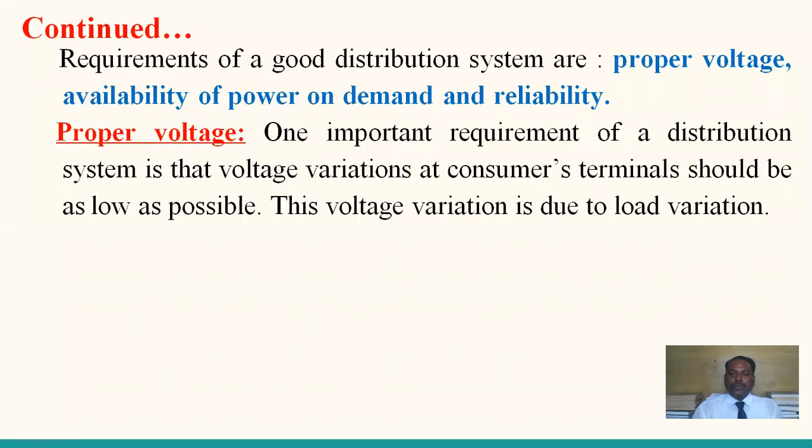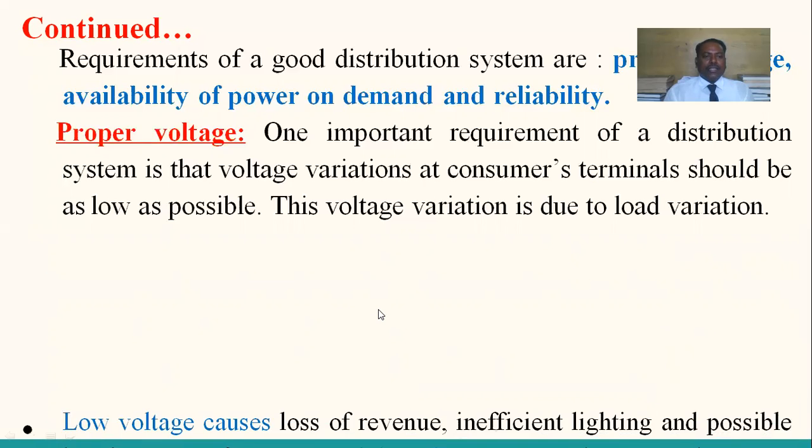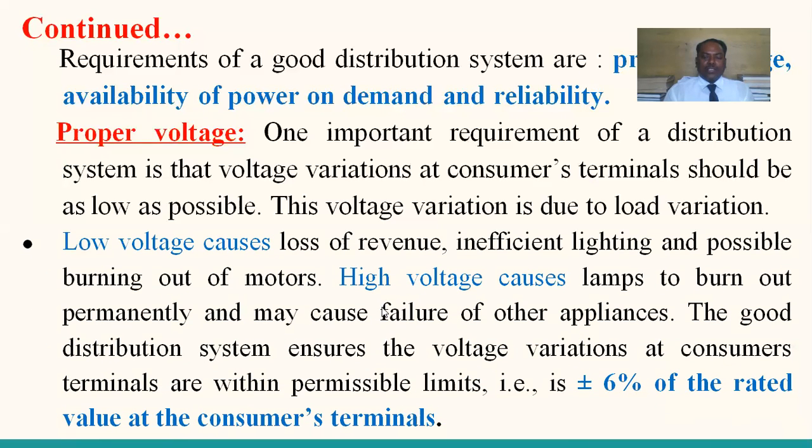So our intention is to keep these voltage variations as low as possible, so that the load equipment is protected and safer. And some standards are there for how much variation in load voltage is allowed.